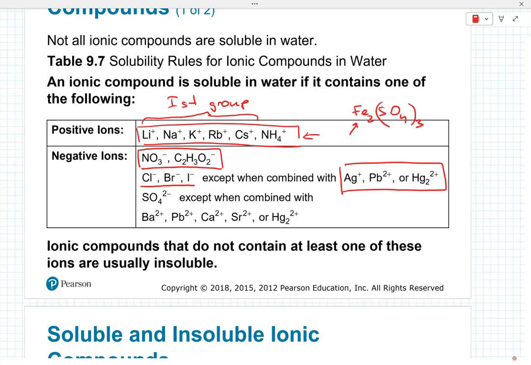Is it one of these 7 or 6? It is not. So now we need to address the anion part, okay? Is it this? It isn't. One of these 3? It is not, but it's a sulfate. So it's not one of these guys, so soluble. Am I making sense?